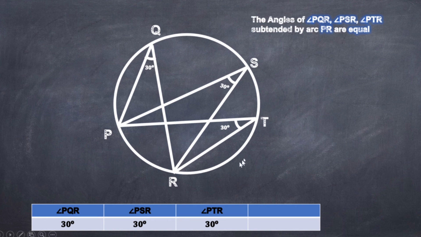From this, we have verified that the angles PQR, PSR, and PTR subtended by arc PR are equal. As you can see, all the angles from the same arc are equal. Therefore, angle PQR is equal to angle PSR and equal to angle PTR.